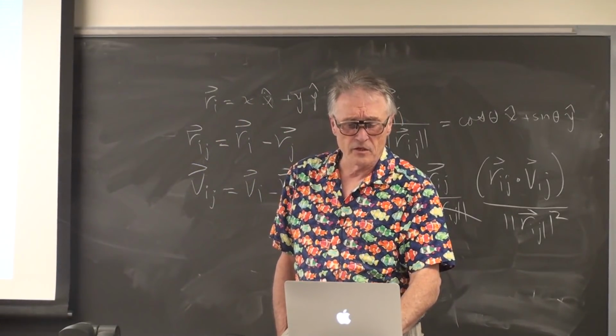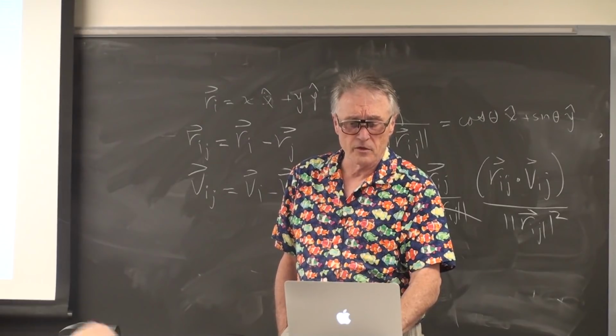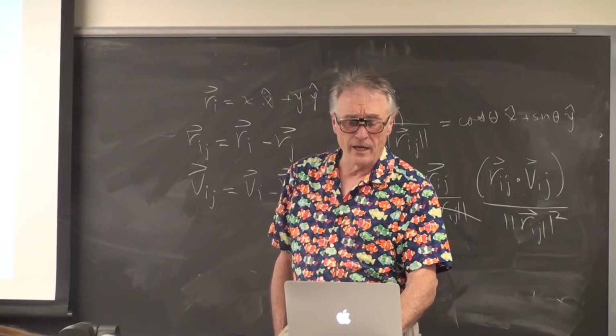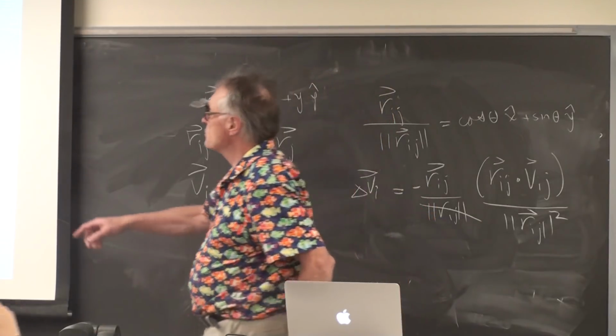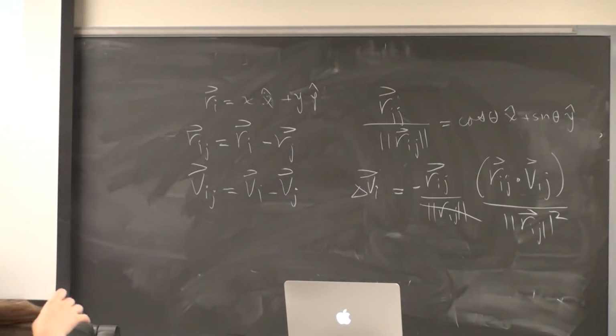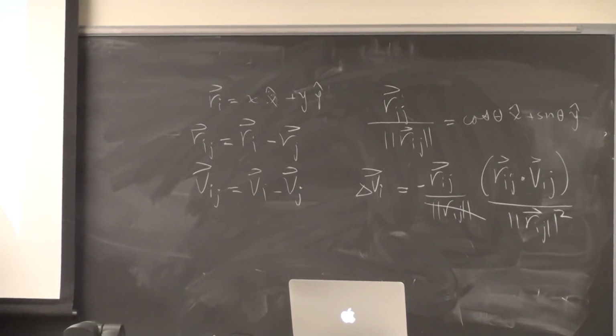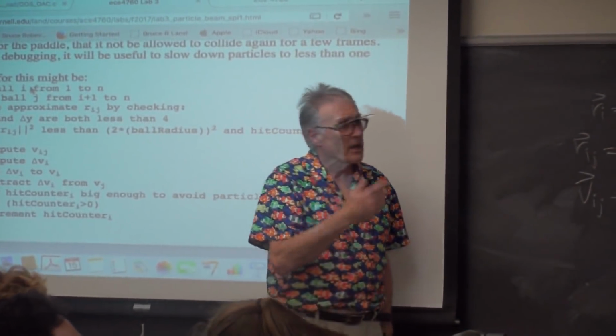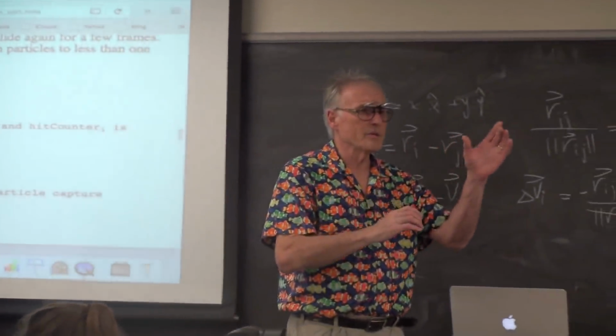So the pseudocode might be: for each ball I from 1 to n, then for each j from I plus 1 to n, compute the approximate Rij by checking if both delta x and delta y are less than 4.